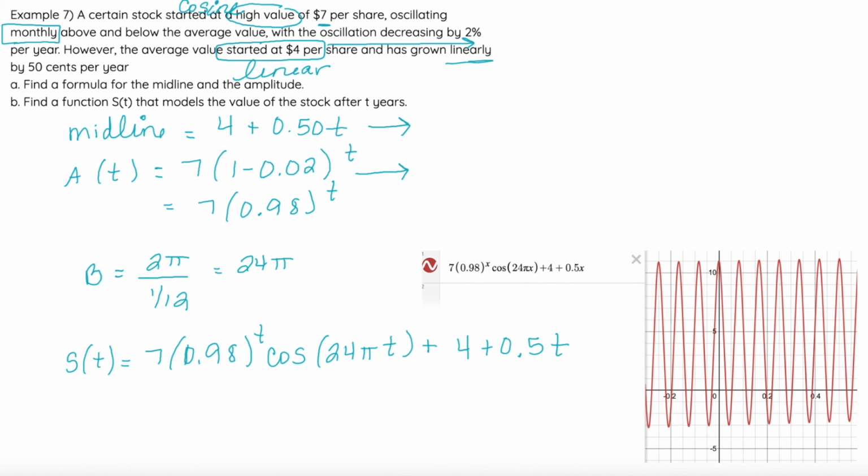So we have an exponential amplitude and a linear midline. And we can definitely see that when I graph, we can see what's happening at both of these instances, with respect to time and years, of course.